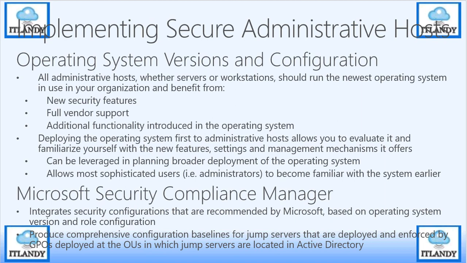And then you go to Microsoft Security Compliance Manager, an integrated security configuration tool that gives you recommendations based on Microsoft baselines, and you can produce these baselines via GPO as well.